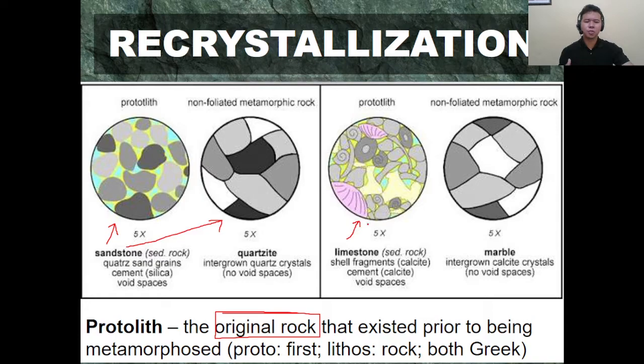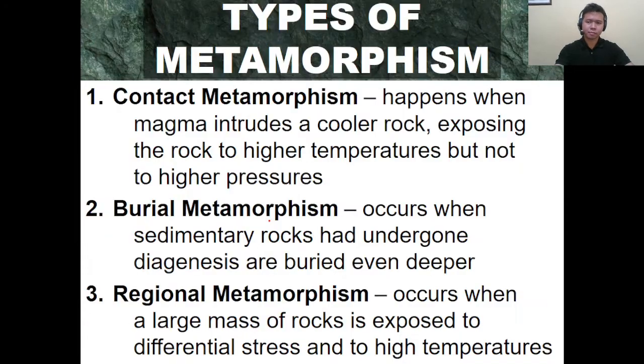Once exposed to higher heat and pressure, the limestone can change into marble, maintaining its components, but the arrangement is slightly changed. Meaning to say they are being metamorphosed. So these are some of the examples of recrystallization.